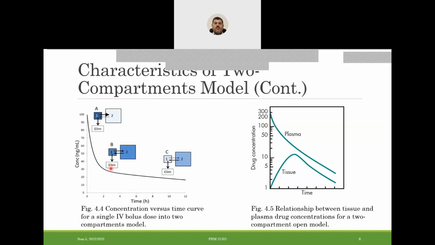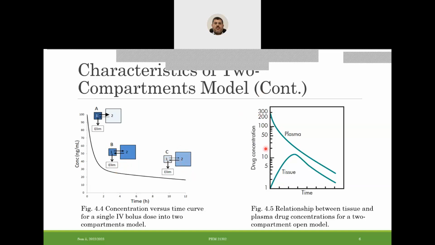So the drug is decreasing in compartment 1, and it is compensated by an equal amount of drug from compartment 2 to keep the equilibrium persisting. This happens until the drug is completely eliminated. So during the elimination phase, the direction from 2 to 1 is dominant.